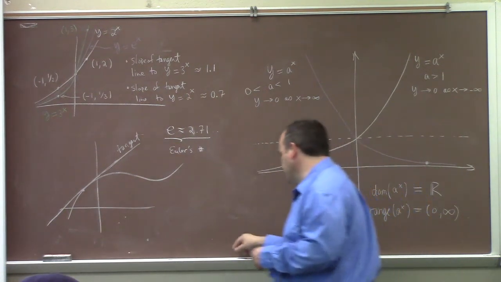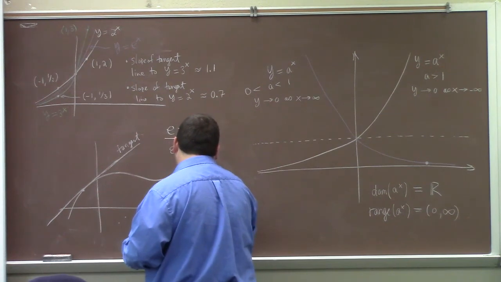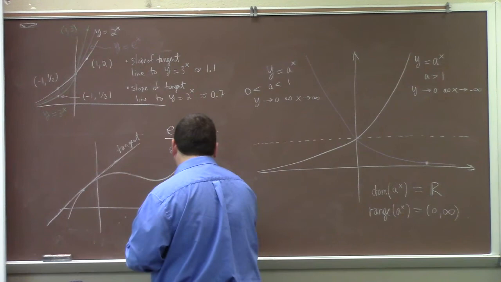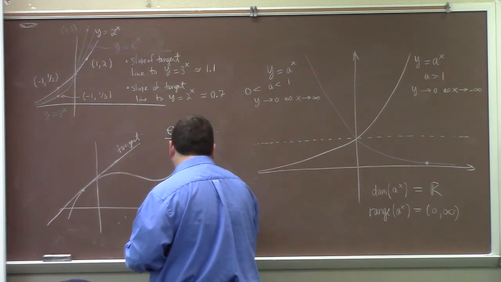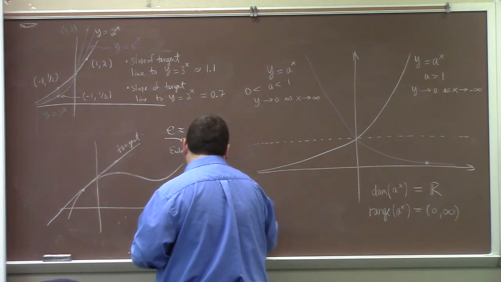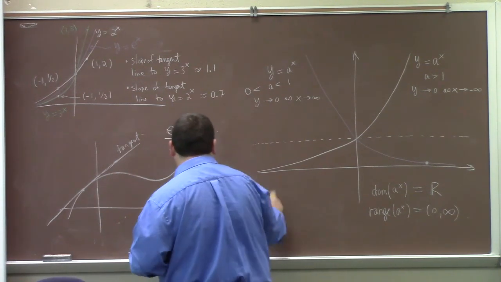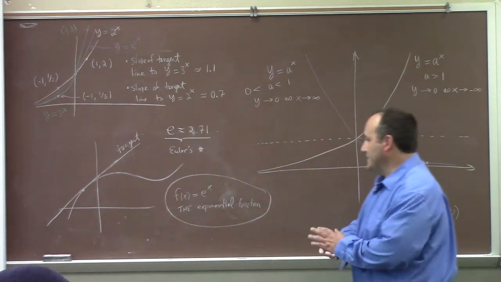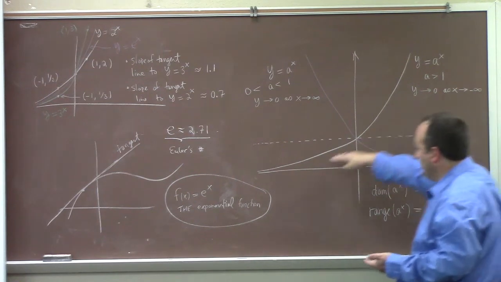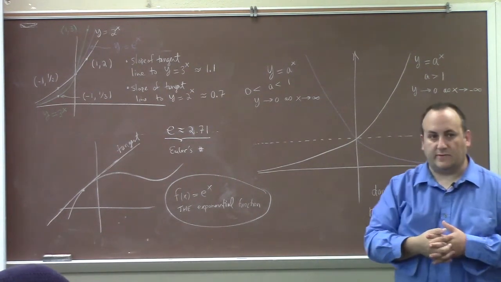And f of x equals e to the x is oftentimes called the exponential function. This is perhaps the most important exponential function of all of them. So it looks basically like the white graph here, but it has a base somewhere between 2 and 3.